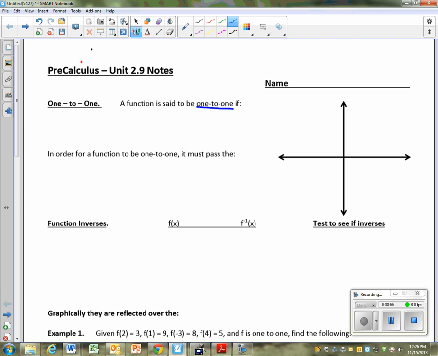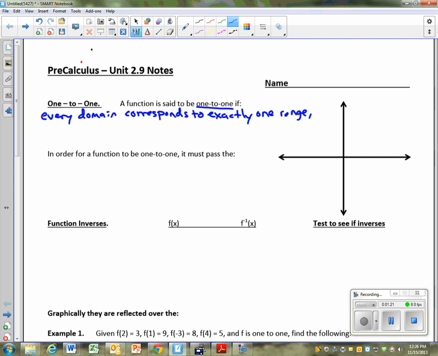Here's what one-to-one means. Every domain corresponds to exactly one range. What does that sound like? Right.